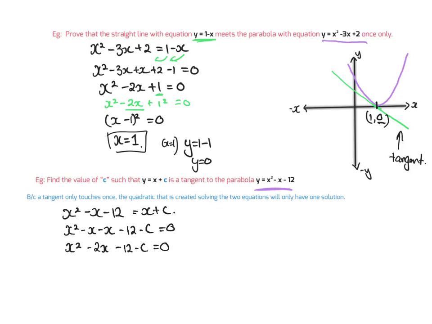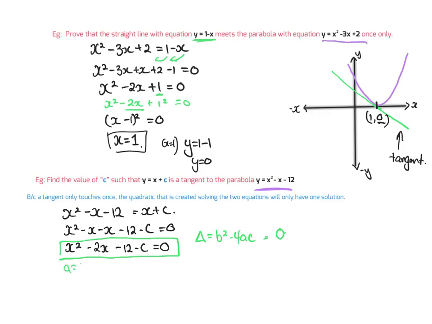Now, because we know this only has one solution, because it's only going to touch the axes once, that means we know that the discriminant, which would be b squared minus 4ac, is equal to 0. So let's work out the discriminant of this.